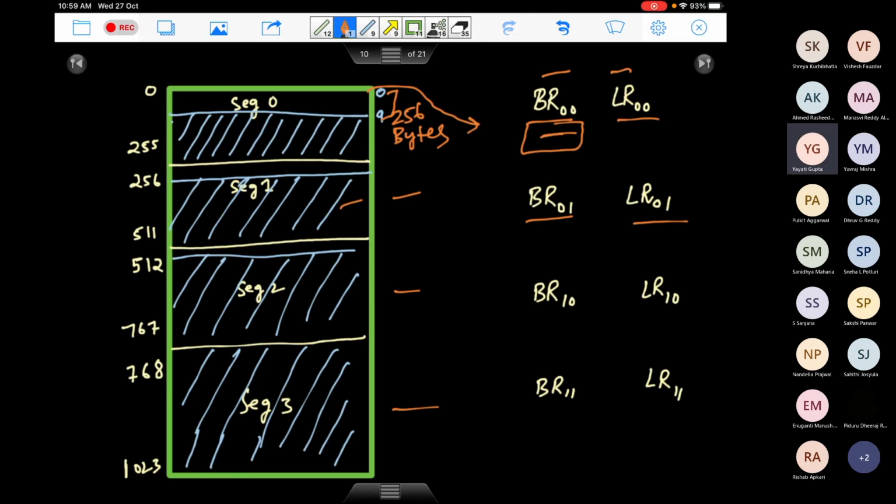If you try to address any memory after these 10 bytes, you will get a trap, you will get an error. Basically, you should not be accessing that memory. That is not mapped anywhere in the physical memory. So the limit register value for this will be 9. I'm sorry, 10.